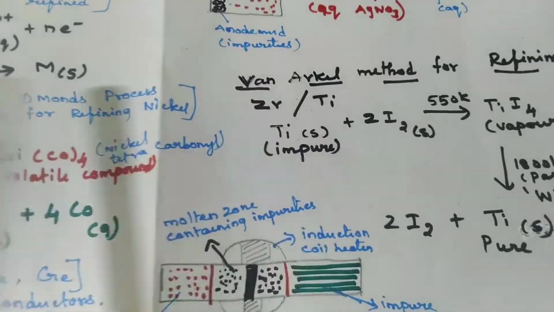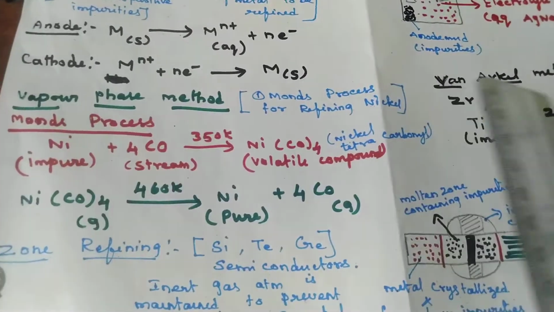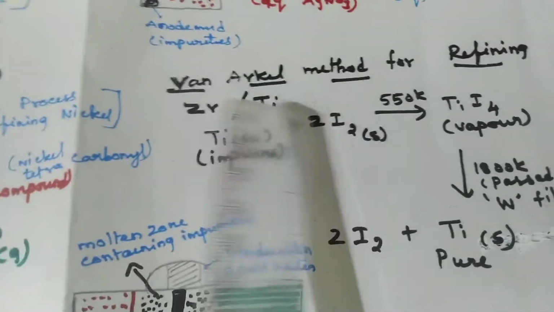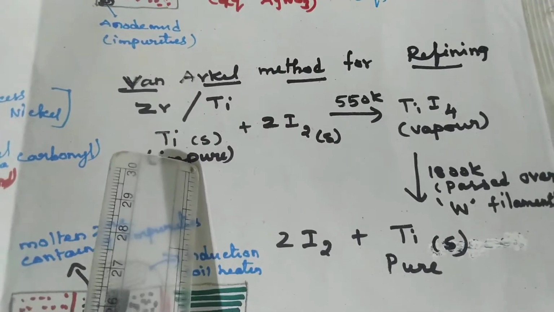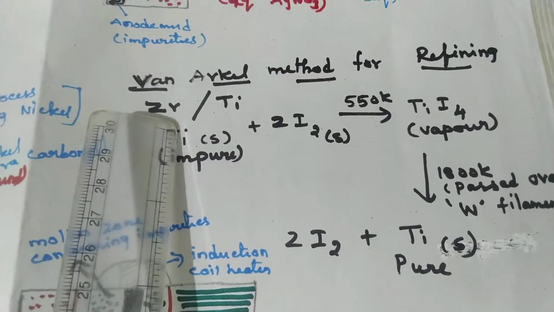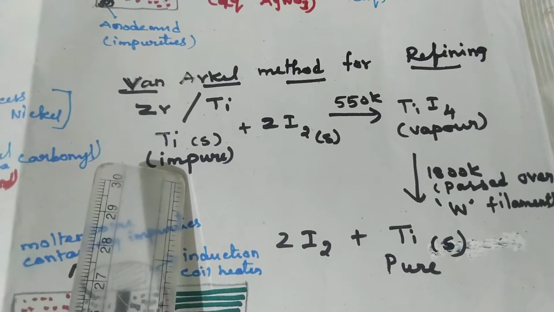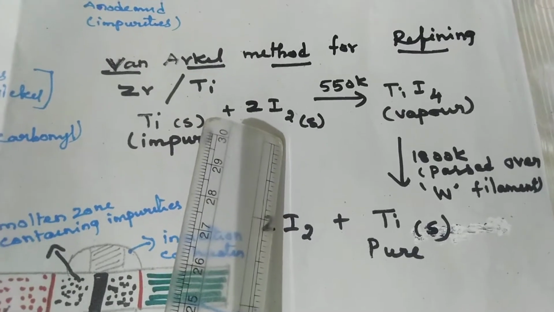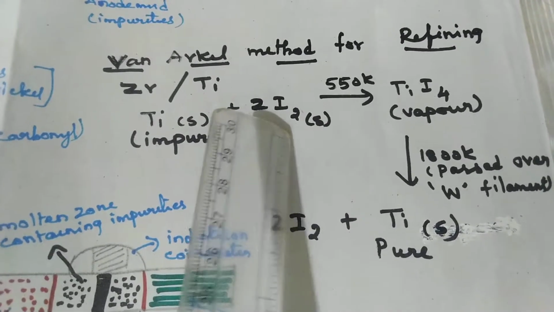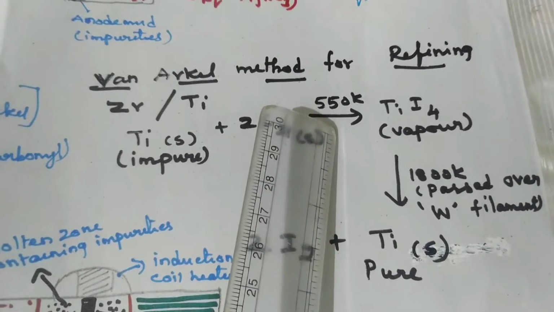Similarly, the Van Arkel method is the second process in the vapor phase method. By this method, zirconium and titanium can be refined. Titanium Ti, zirconium Zr. Here the impure titanium is mixed with iodine at a temperature of 550 Kelvin.